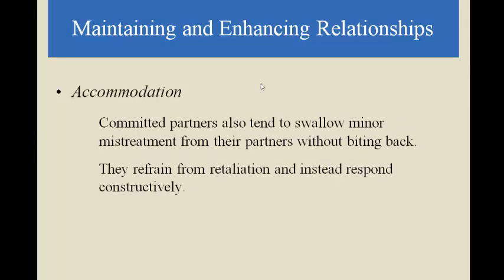Okay, all right, what else? Accommodation. This was one of the ones that we mentioned at the end of last lecture as something that happens when you're in a committed relationship. If a partner hurts you, you're committed to the relationship, you're committed to this partner, and they've done something that hurts you, you are more likely to respond well. This is the idea that, okay, you hurt me, but I want to fix this.